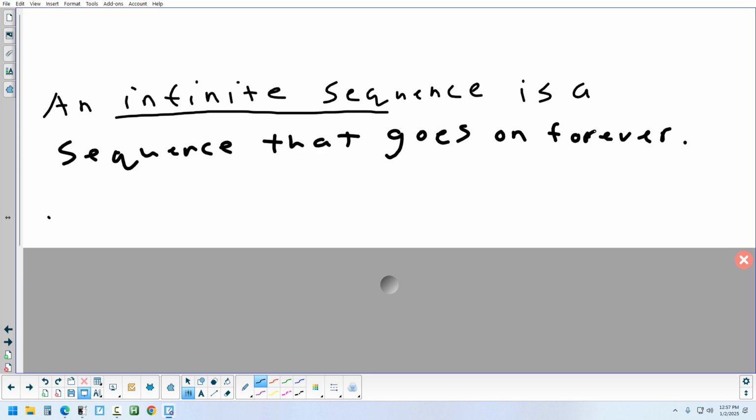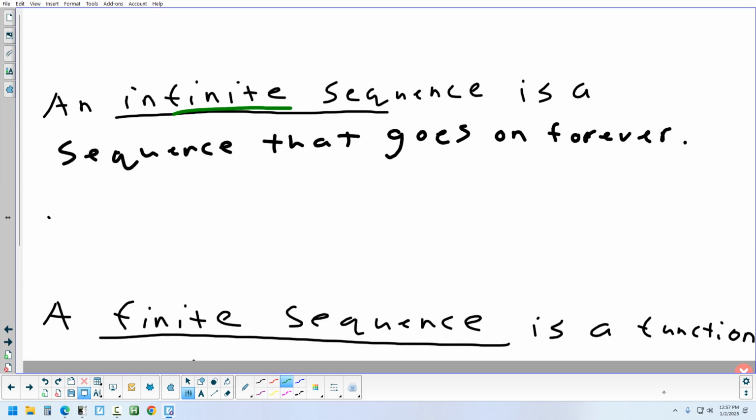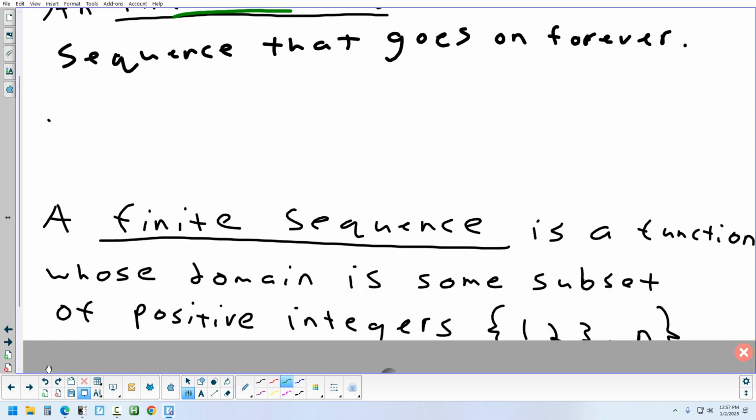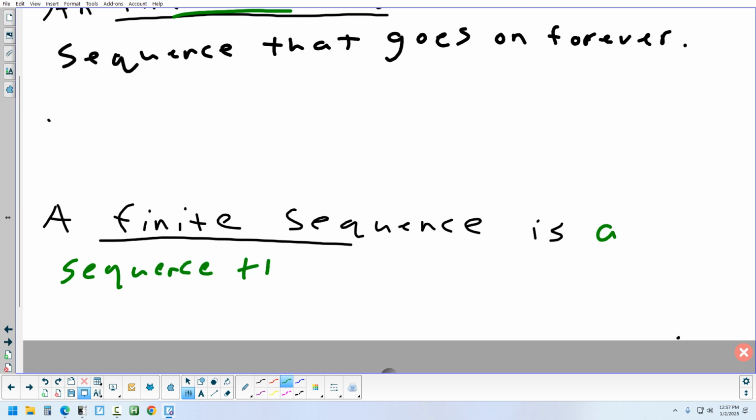That's an infinite sequence. Opposite of infinite is finite. So a finite sequence is a sequence that stops. Okay, so a finite sequence is a sequence, we'll just say, that has an end.